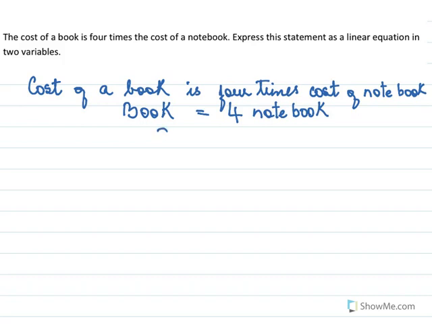Book, they mean a textbook. So we'll take book as X. 4 times notebook will be Y. So the equation will be X equal to 4Y.